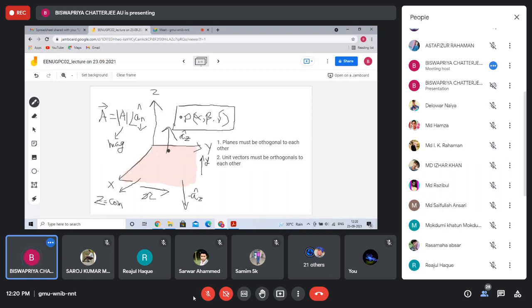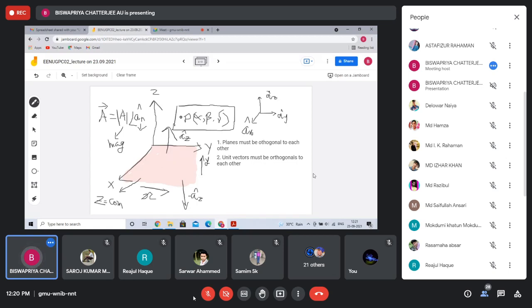So if this is x, a x cap, if this is a y along the y direction, and if this is a z, you can understand from your room. You see these three vectors are always orthogonal to each other.